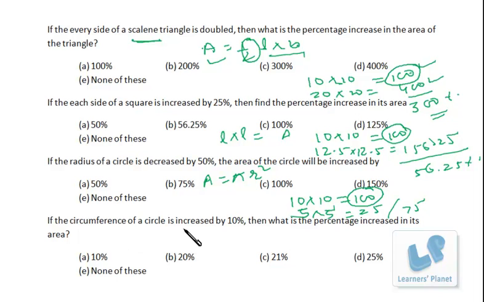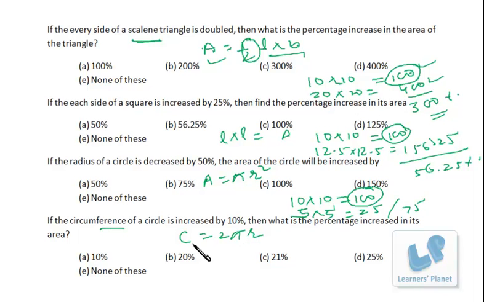Now, if the circumference of a circle is increased by 10%, what is the percentage increase in its area? Now, circumference C is 2 pi r. It's a linear dependency on radius. So, if radius is increased by 10%, circumference will be increased by 10%. Or we can say if circumference is increasing by 10%, that means radius is also increasing by 10%.